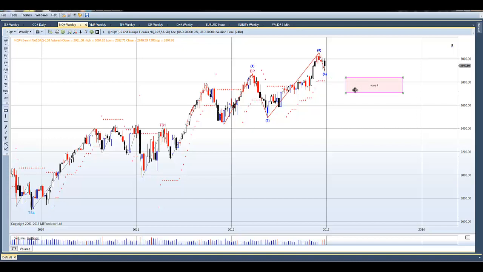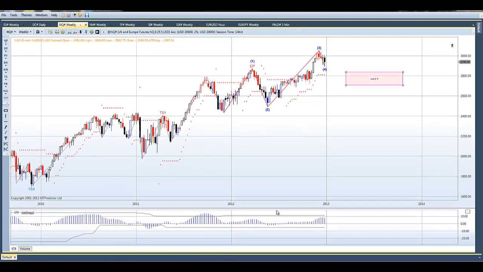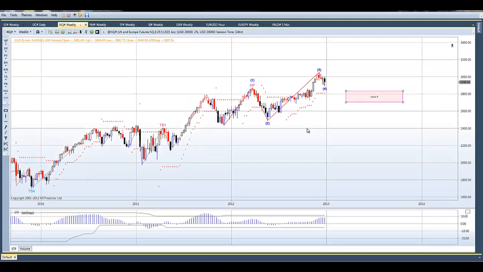You can see that's where it is. Maybe we get an ABC type correction, same with the ES, into the wave 4. Or like I said, because the STF is strong on the ES, not quite showing strength here on the NQ to the upside, but we can also project up wave 5 on this market.